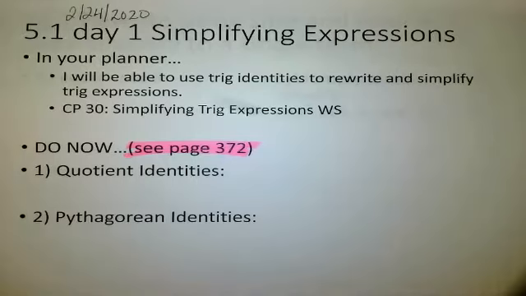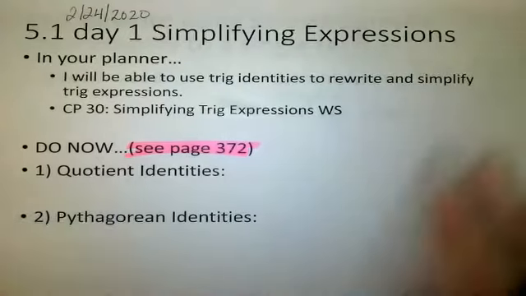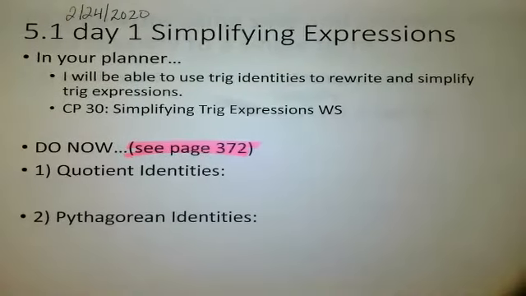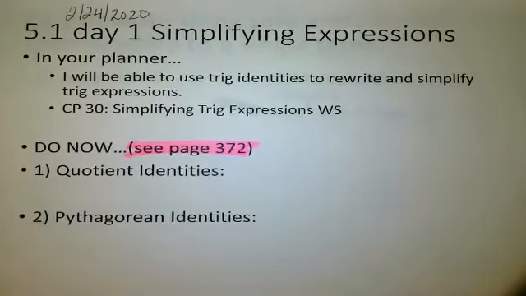There's a lot going on in this chapter. We are going to spend the first few days simplifying expressions. These are trig expressions, but everything is basically algebra, and we're using identities to help us make things simpler.